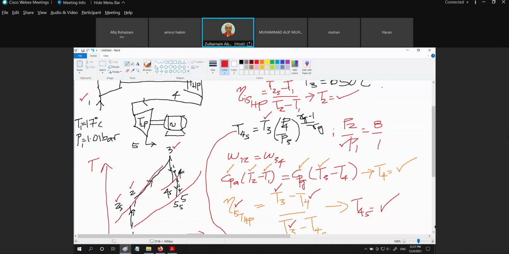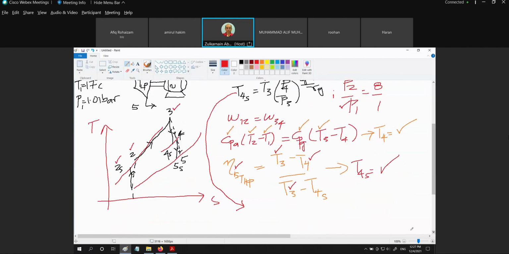But from this equation, what we can solve is P4 over P3.